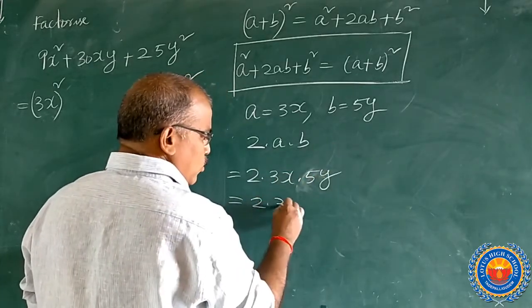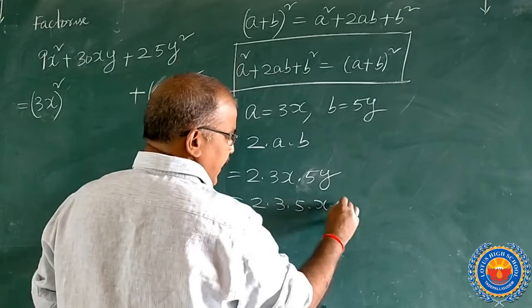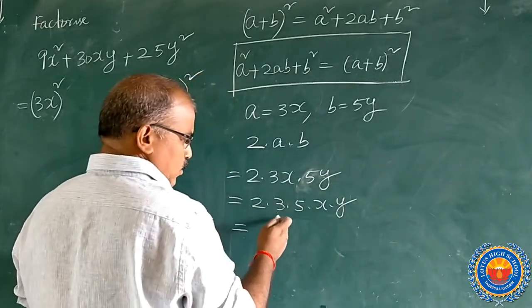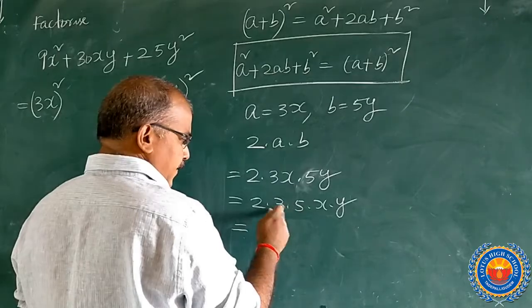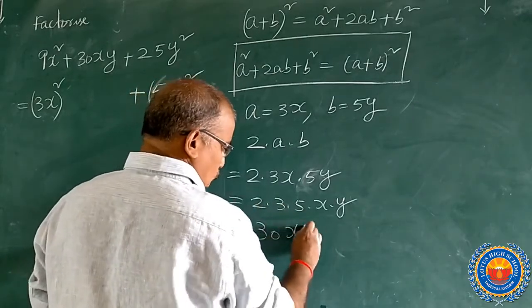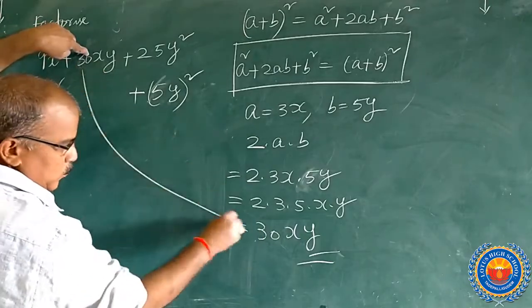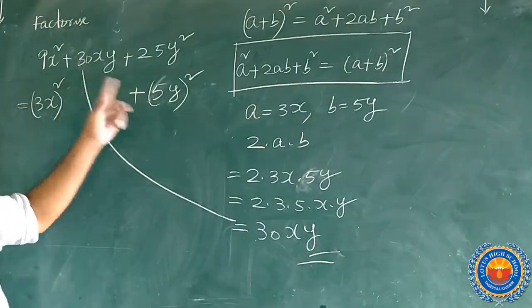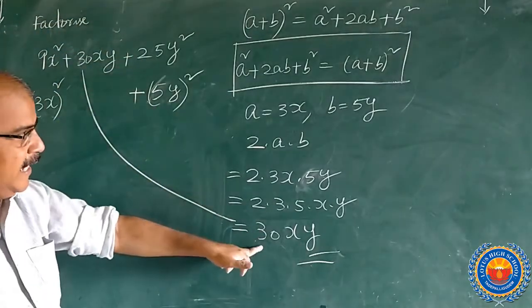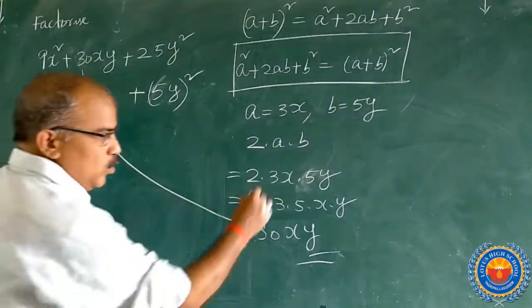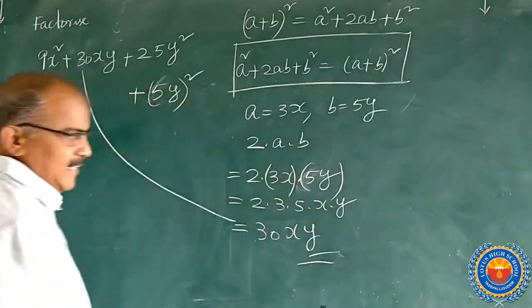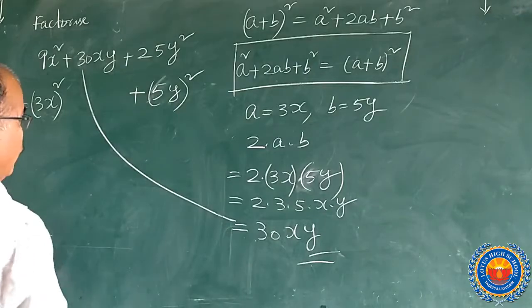So 2 into 3 into 5 into x into y: 3 fives are 15, 15 twos are 30. Yes, I got 30xy. This 30xy and this 30xy are both the same. 30xy is nothing but 2 into 3x into 5y.